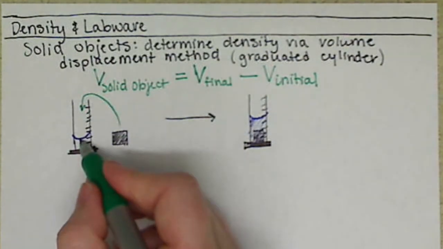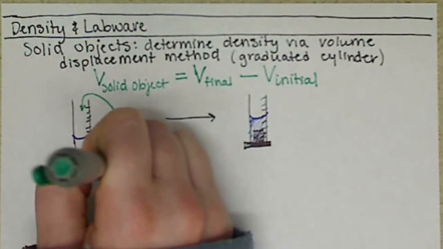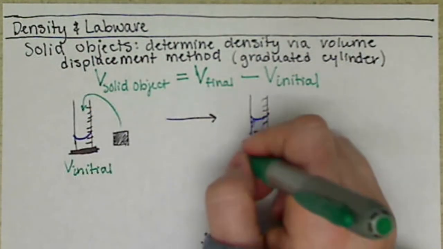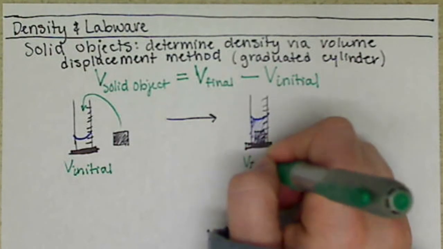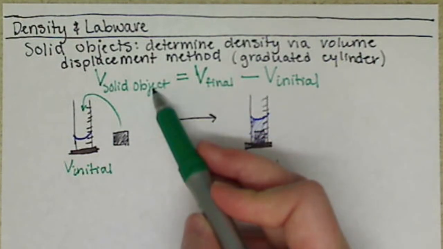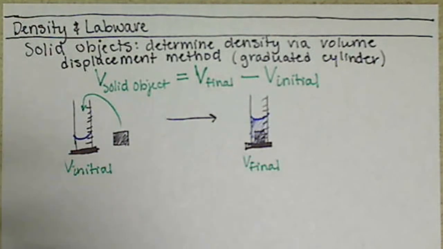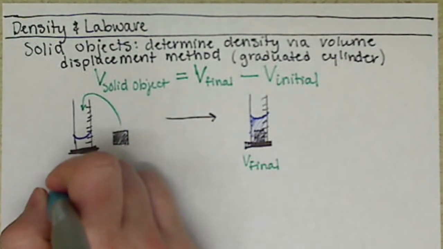So this first volume is going to be our initial volume. Second volume is going to be our final volume. And the difference between those will get us the volume of our solid object. Then we can determine our mass by using a balance.